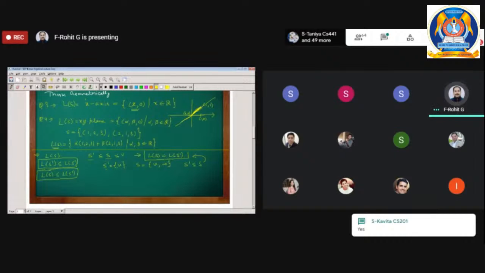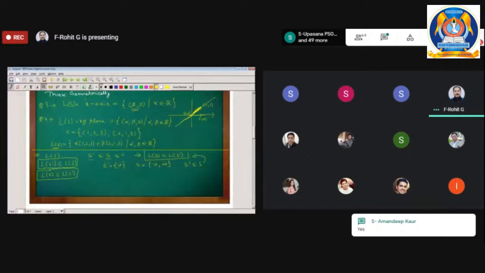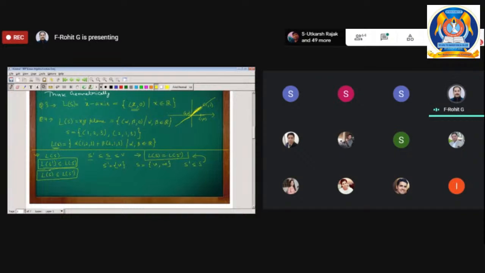Suppose I have S dash as V, a singleton set, and S is V and W. You can see that S dash is a subset of S. I want to check under what condition the linear span of S is equal to the linear span of S dash. So first of all, I want somebody to tell me what should be the linear span of S dash.